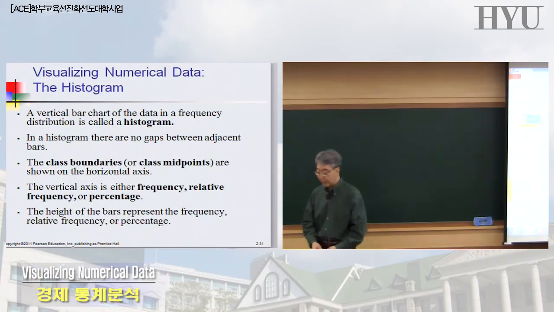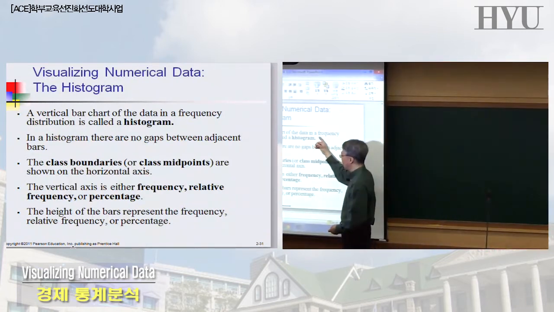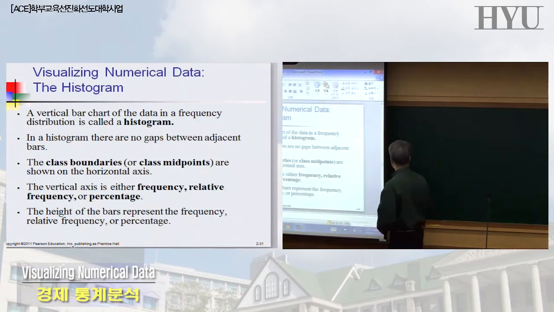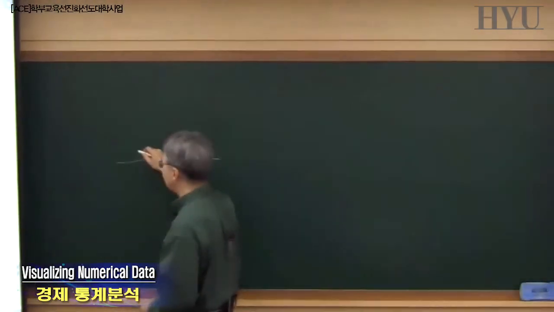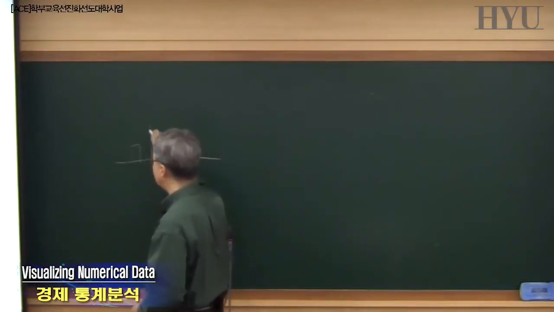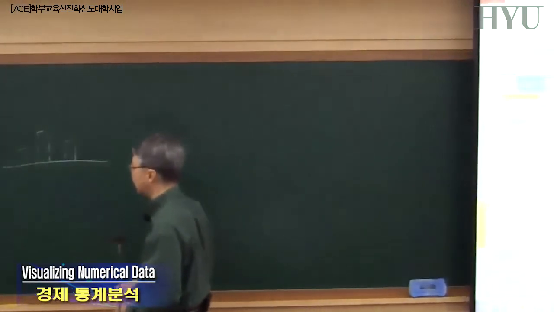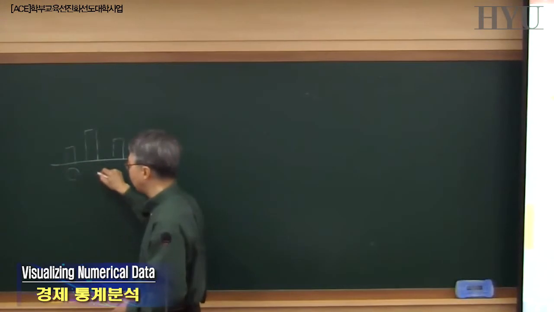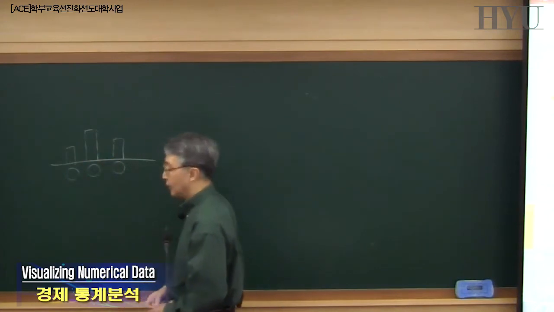But we're talking about a vertical bar chart with no gaps. This is one clear distinction. In a bar chart, you could have a vertical bar chart, but as we've seen so far, since we've been dealing with categorical data, we had gaps between bars. They were not connected.